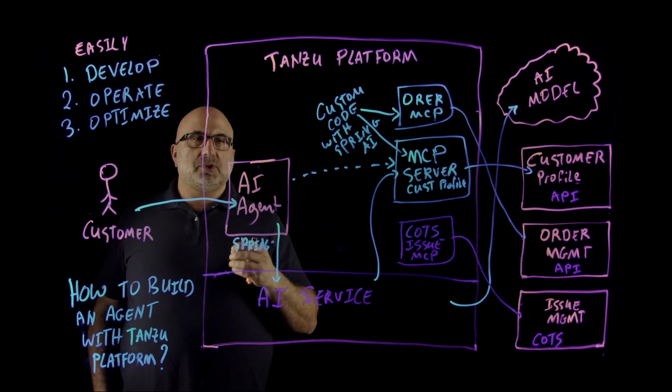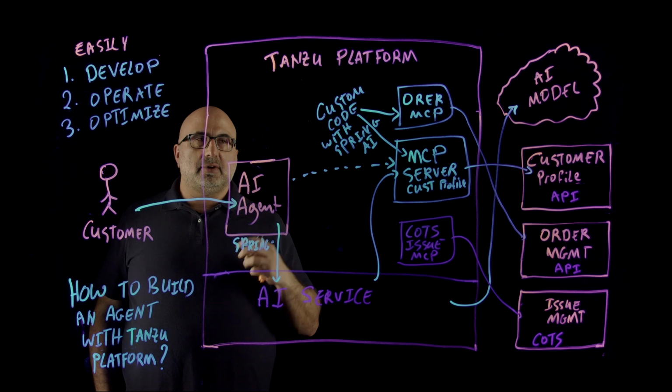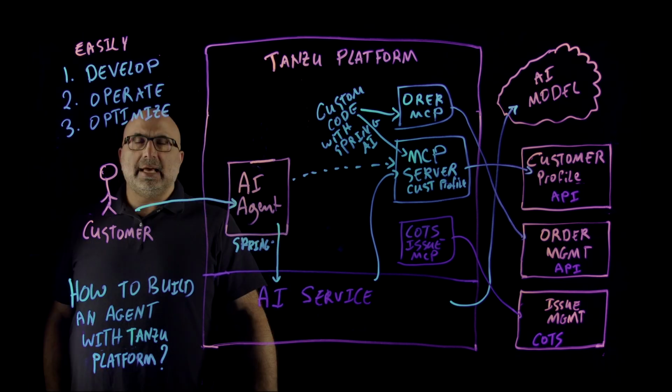The coordination between the AI agent, the MCP servers, and the AI models is all helped through the Tanzu AI service. That makes it possible for your developers to self-serve, iterate rapidly, and rapid iteration is the key to unlocking AI ROI.